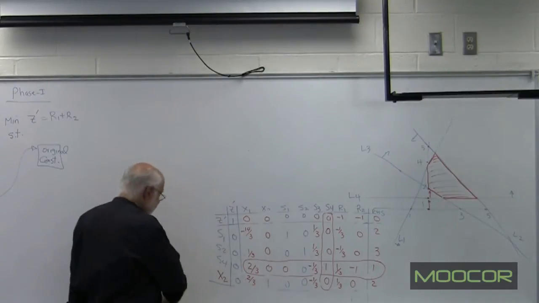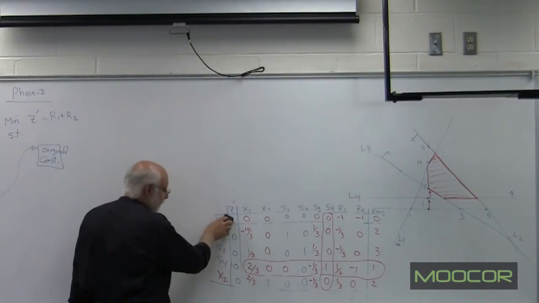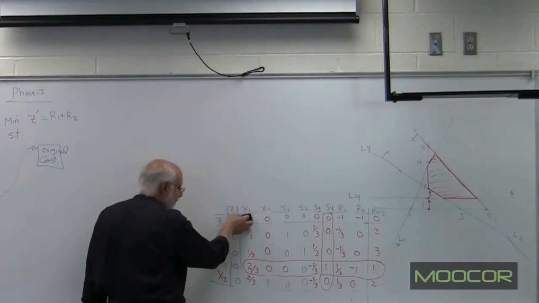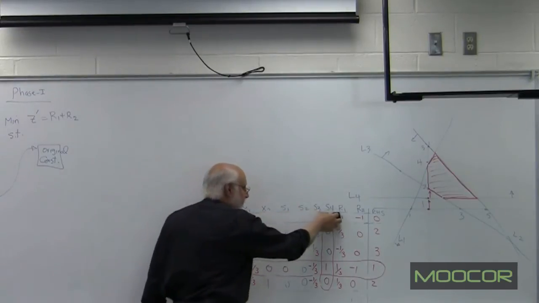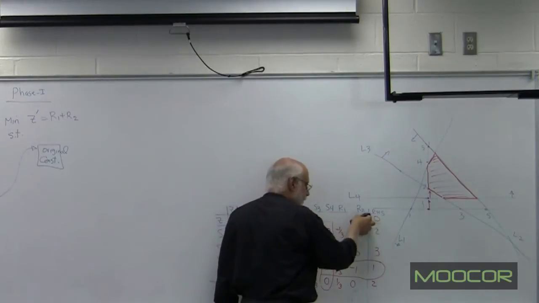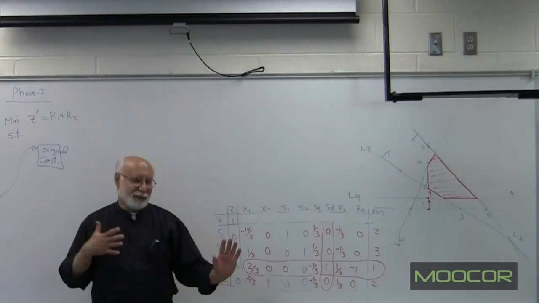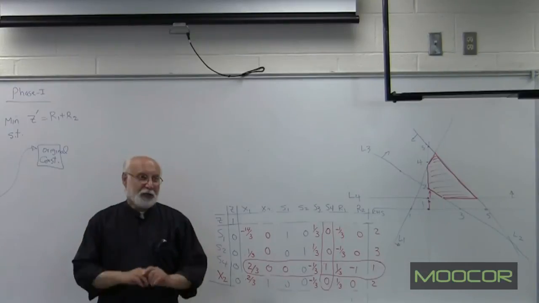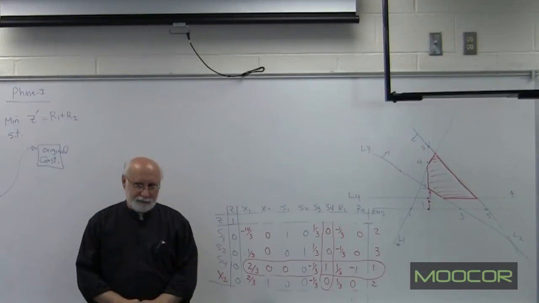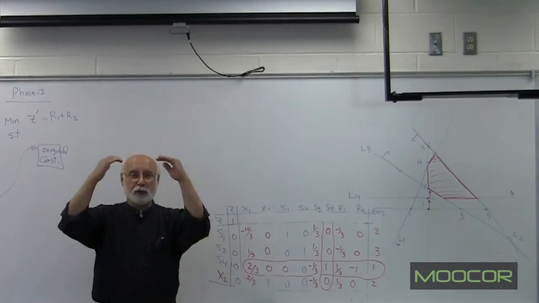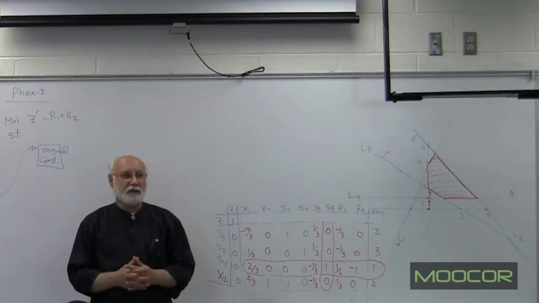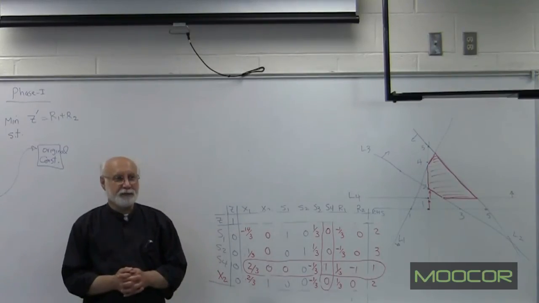So I'm going to erase that prime here, that prime there, all these numbers in here, all these numbers in here, and we'll put the original 0. Another thing that I will do, I will drop the column of artificial variables.